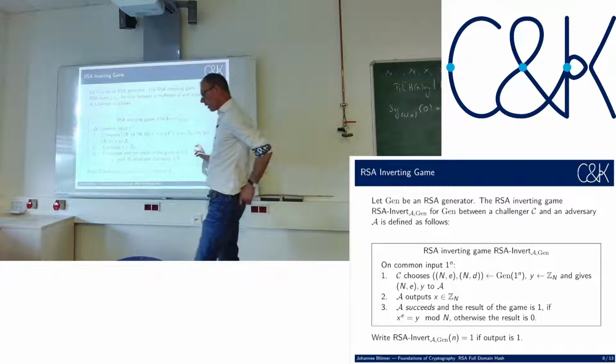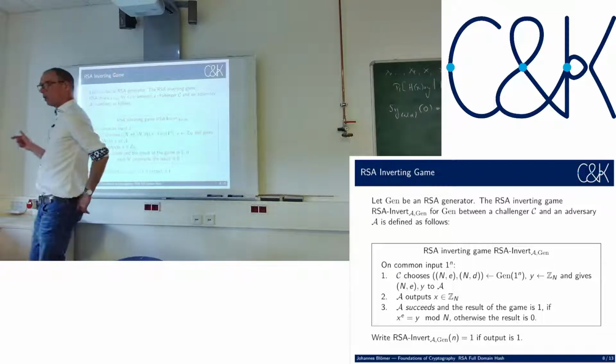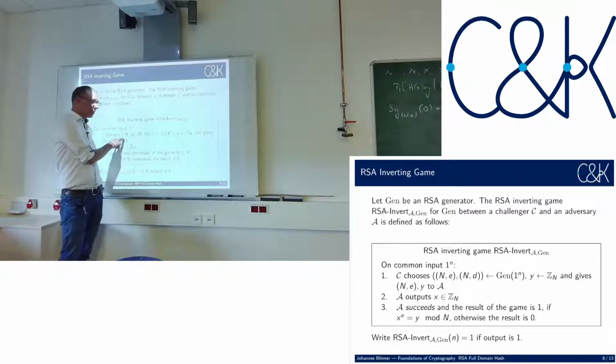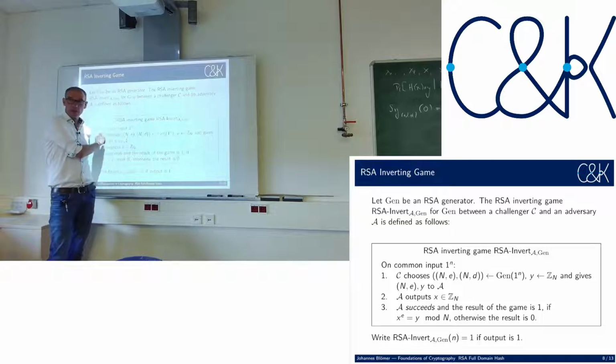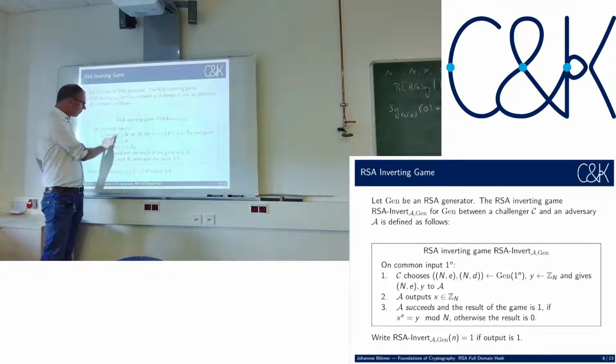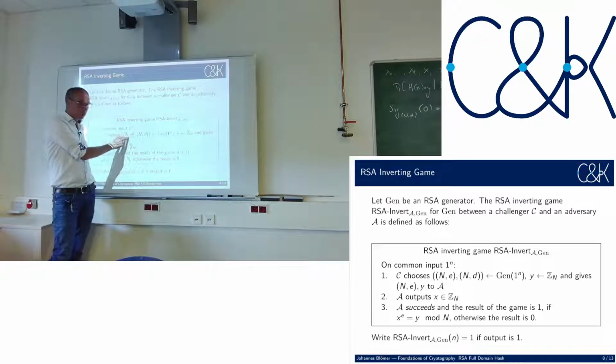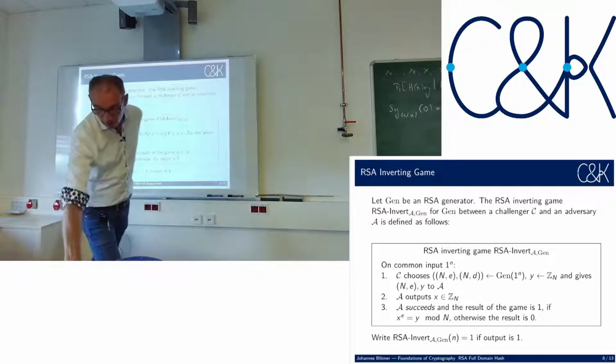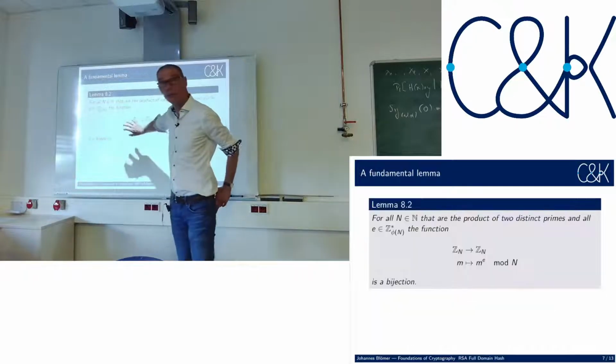The other thing I want to mention here is that this is not the same definition as a one-way function, because in a one-way function the function was fixed, right? Whereas here, by picking this pair, this part here fixes a function, namely this function here.